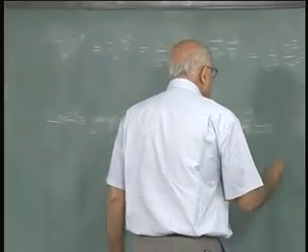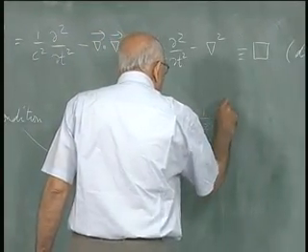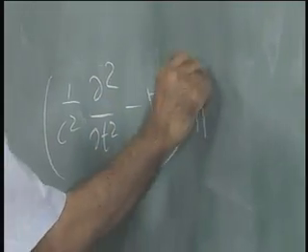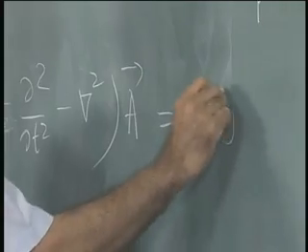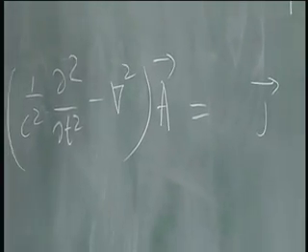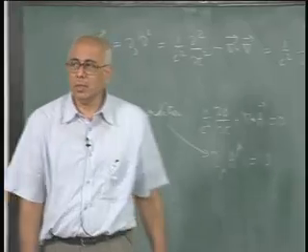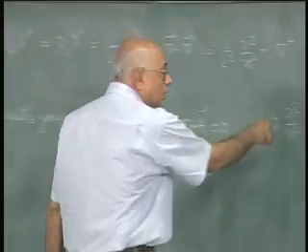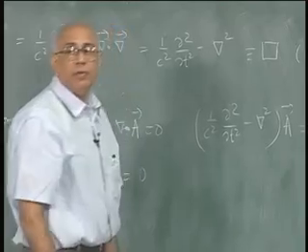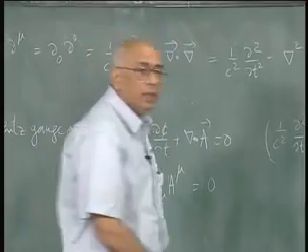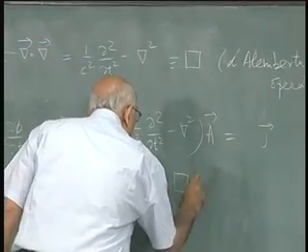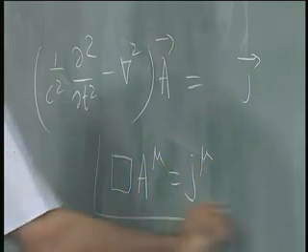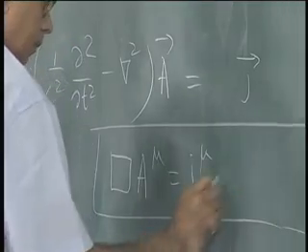For the vector potential you ended up with 1 over c squared d2 over dt2 minus del squared on the vector potential A equal to j, in some units, I do not recall the units now, maybe a mu naught here or there, but times j in this fashion. And similarly there was an equation for phi. Now verify that both those equations can be combined and the equation is just box A mu equal to j mu, that is it.